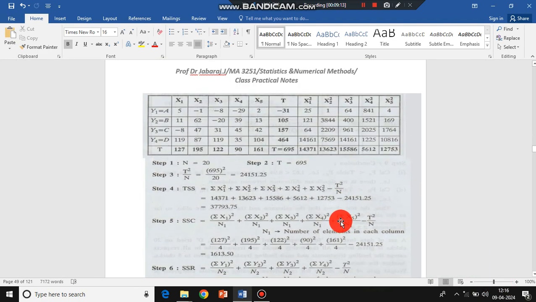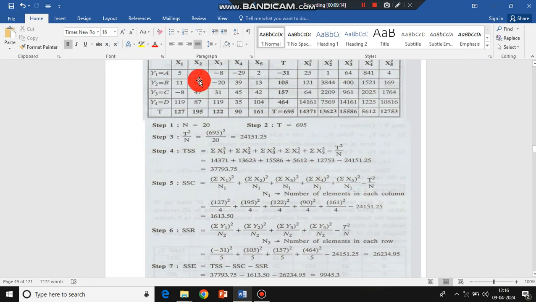This is x1. If you find the sum, you will get 127. So here you have to substitute 127 square divided by 4, which means the number of observations in that particular column: 1, 2, 3, 4.